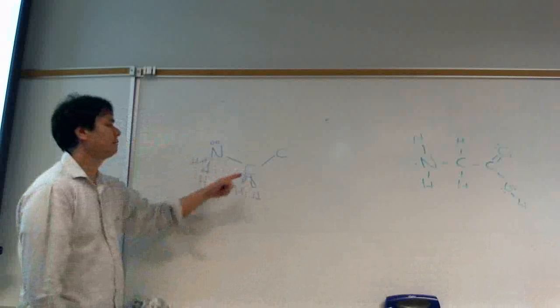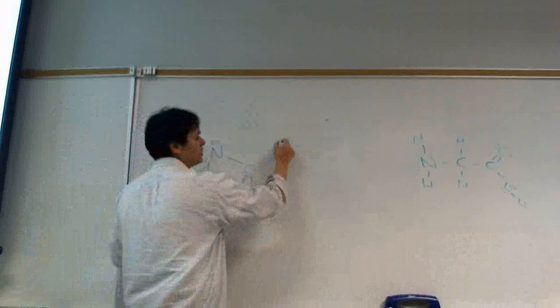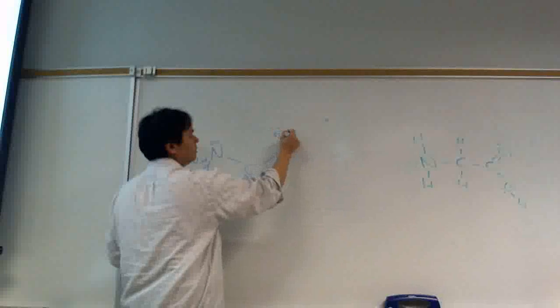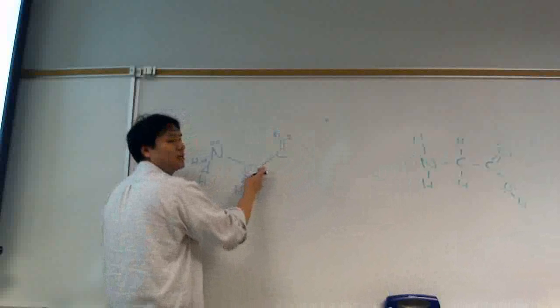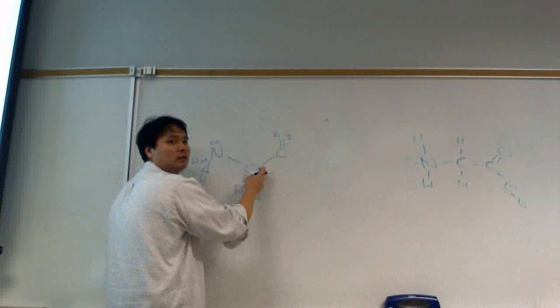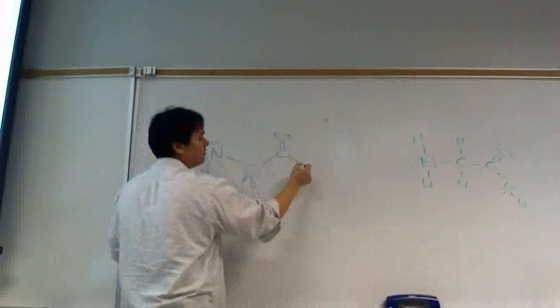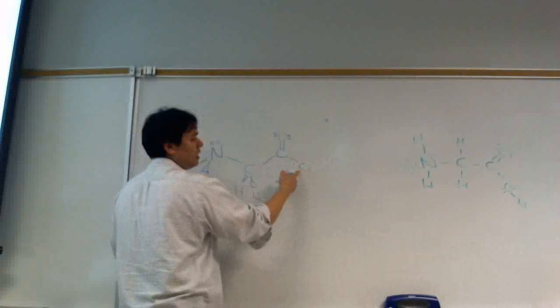Then this is an sp2 carbon, so I can just rotate this, since there's free rotation about the single bond. I can just rotate this flat and then have this go to my sp3 oxygen.